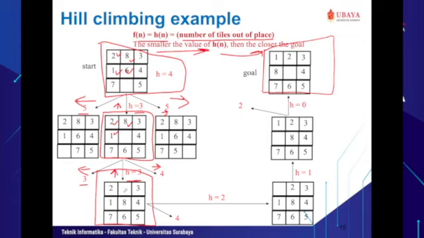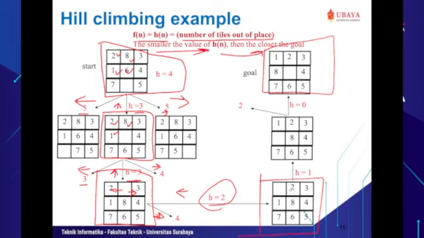From here, it can either move left or move right. If this blank tile chooses to move right, then we'll get 4 heuristic value. But if it chooses to move left, then we will get only 2. Again, choose the smaller value of heuristic. This one should be chosen, and then we'll get this state.